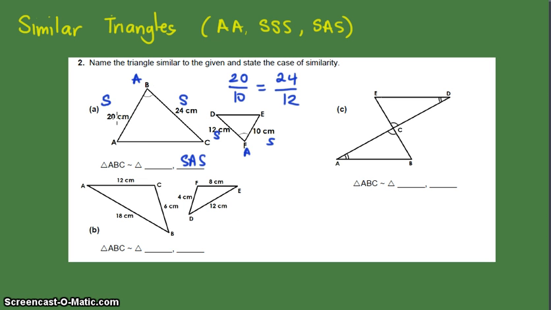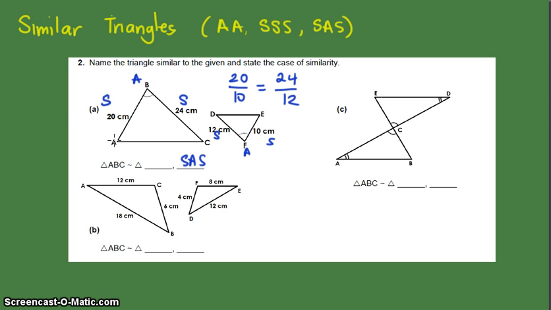So you have to identify which letter corresponds to the A. These fractions will guide us. So the 20 is AB, and the 10 is the EF or FE.